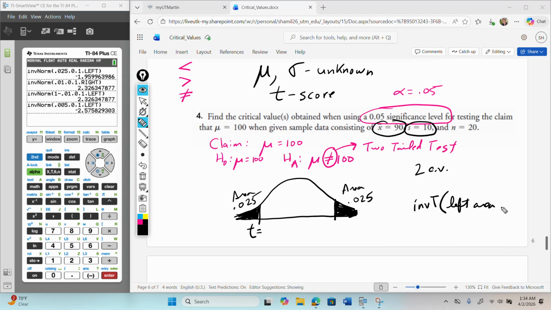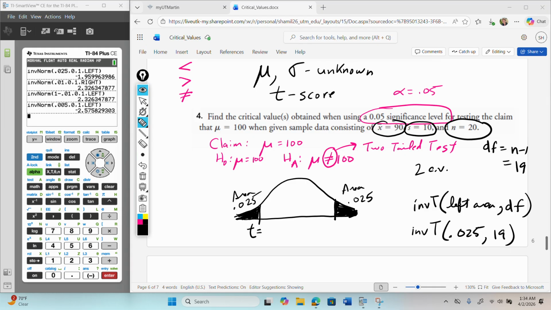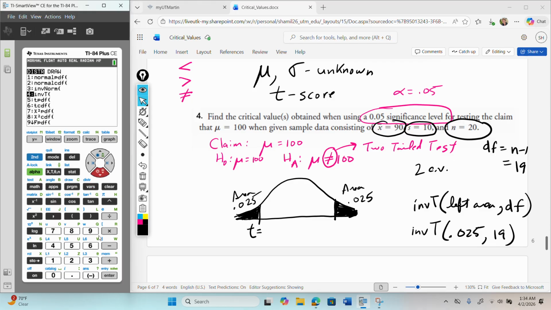But then whenever you're using t-scores, you have to have degrees of freedom. And degrees of freedom is your sample size minus 1. And so I'm going to have 19. So I'm going to have that in my calculator. I'm going to do second vars, and I'll have inverse t. I must give it left area here.